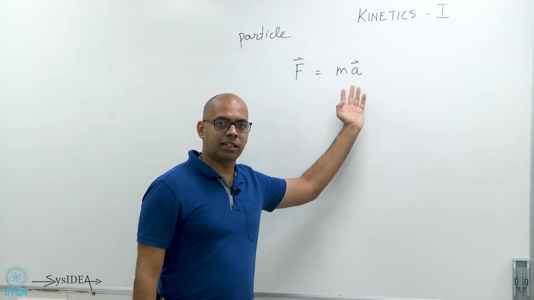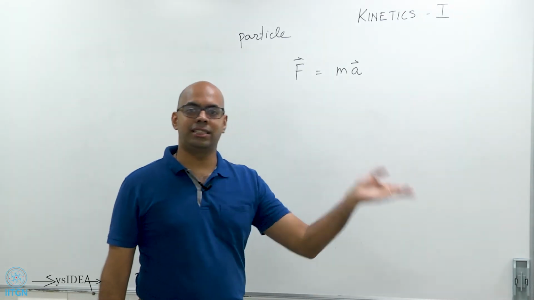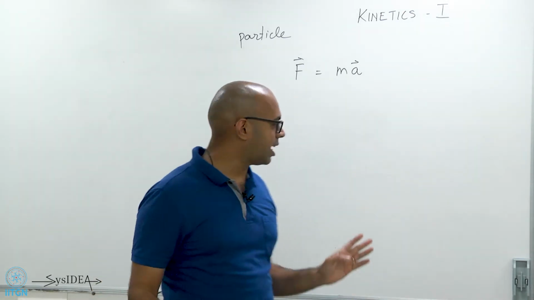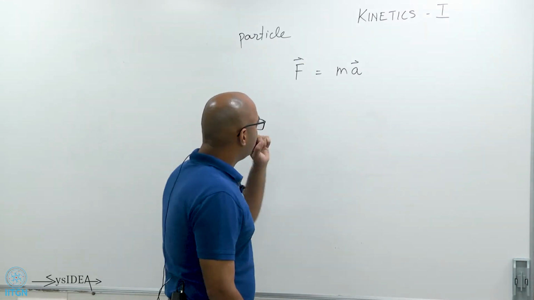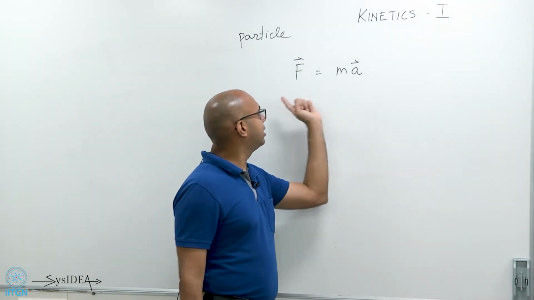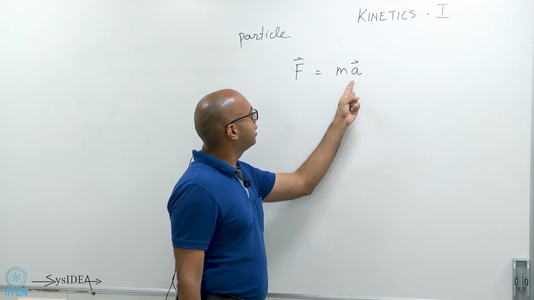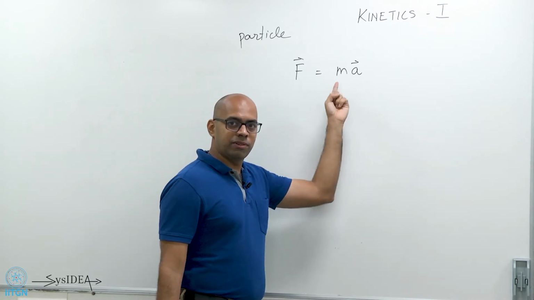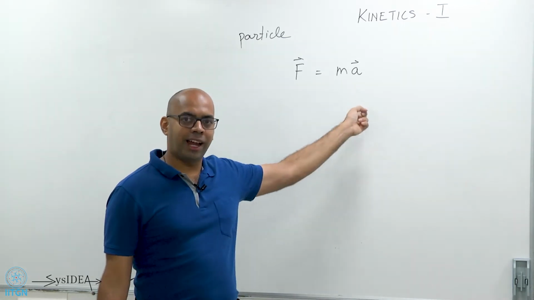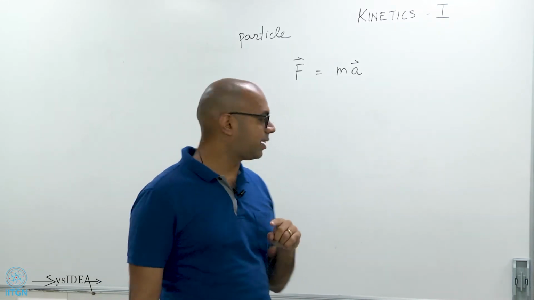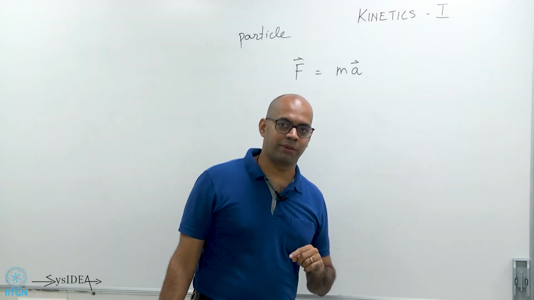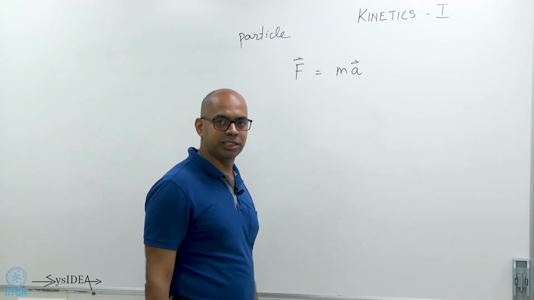It is a vector equation that can be resolved in any set of coordinate frames as per convenience. The only assumption here is really that when you are doing the derivative to find the acceleration, you are doing that relative to an inertially fixed frame. Otherwise, this is universally applicable.